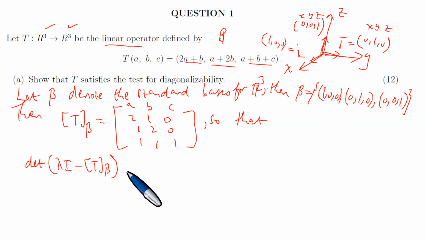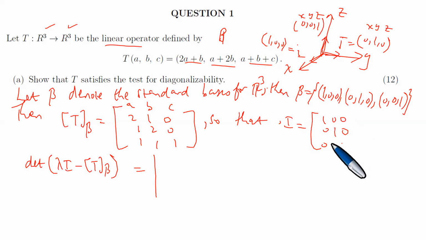So then we have lambda I minus T sub beta. What is I? I is the matrix 1, 0, 0, 0, 1, 0, 0, 0, 1.